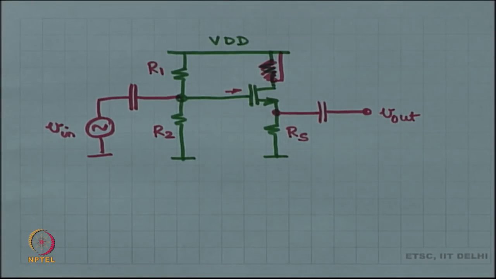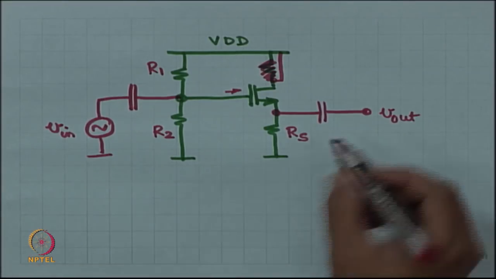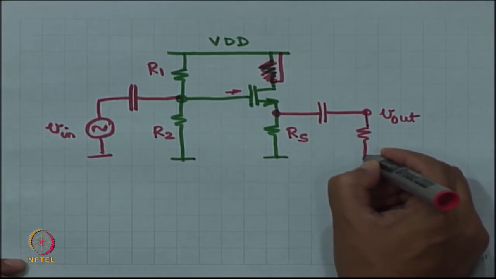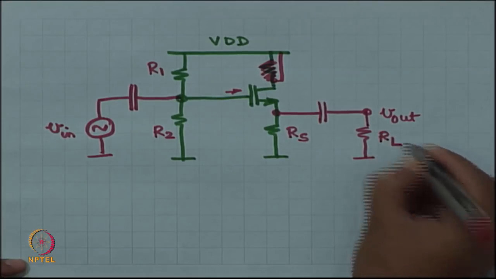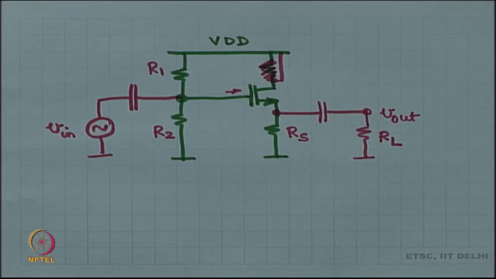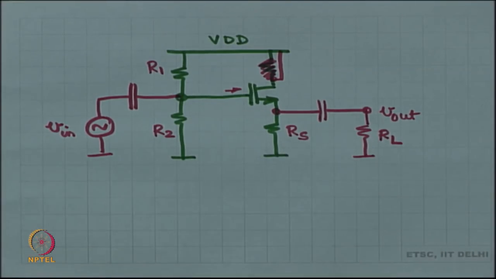And if you want, you can have a load resistor at the output, right. The output is going to drive something, and that can be modeled as a load resistance. Okay. So, this is my circuit, this is the common drain, this is the complete common drain circuit.